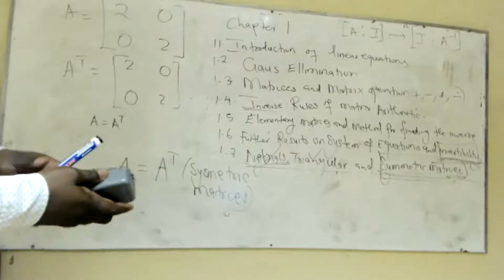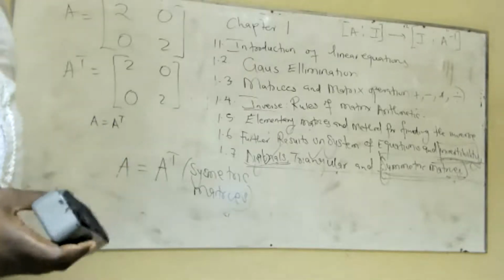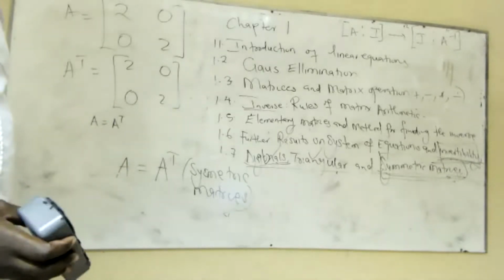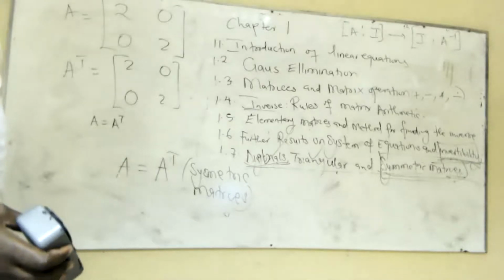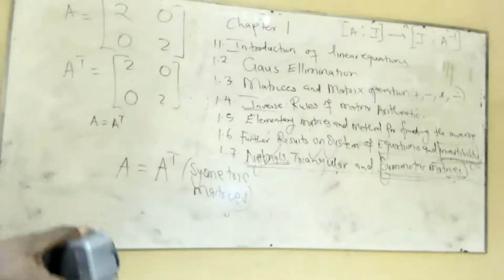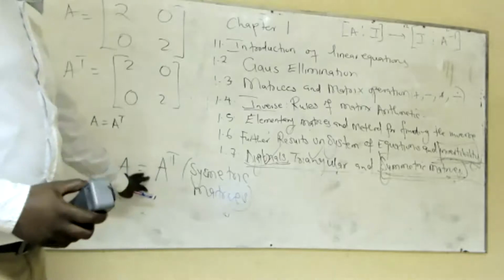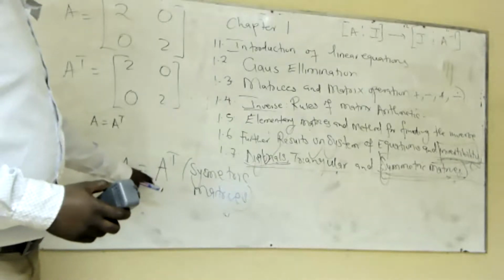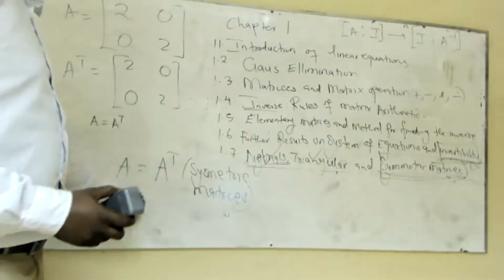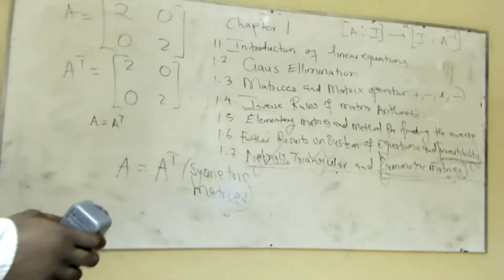I'll explain that to you. You are going to do many questions under all these things we are covering, and you will see how they ask you. It's a very, very important condition which you must take note of.